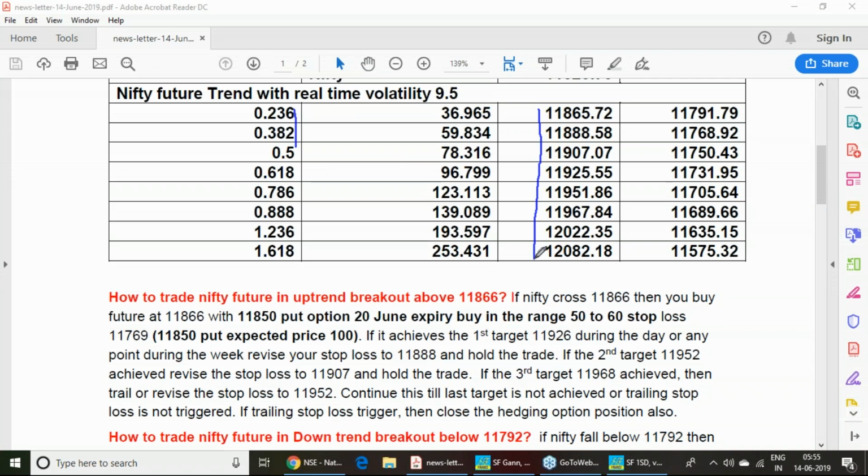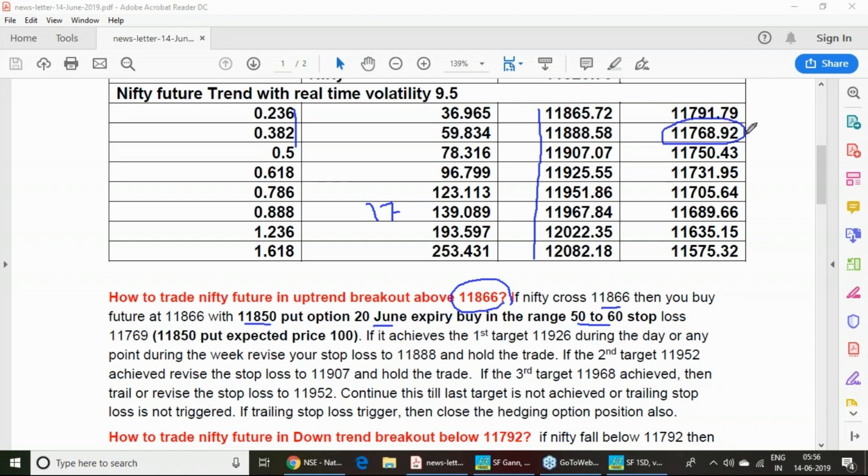So on Monday or some point of the coming week, which starts from 17th, if I find that Nifty future crosses 11,866, I'll buy it along with an 11,850 put option of 20th June expiry. I will get it in the 50 to 60 rupees range, and I'll keep my stop loss at the Fibonacci downtrend confirmation point.